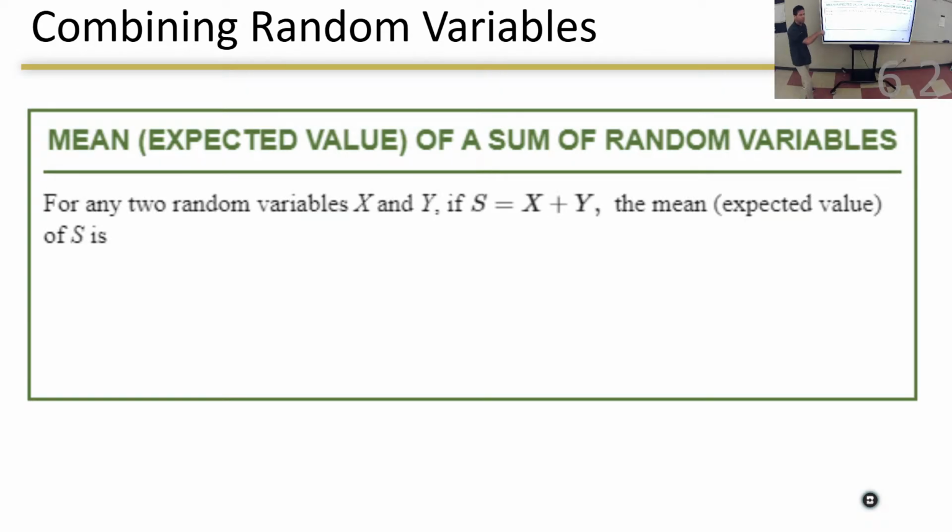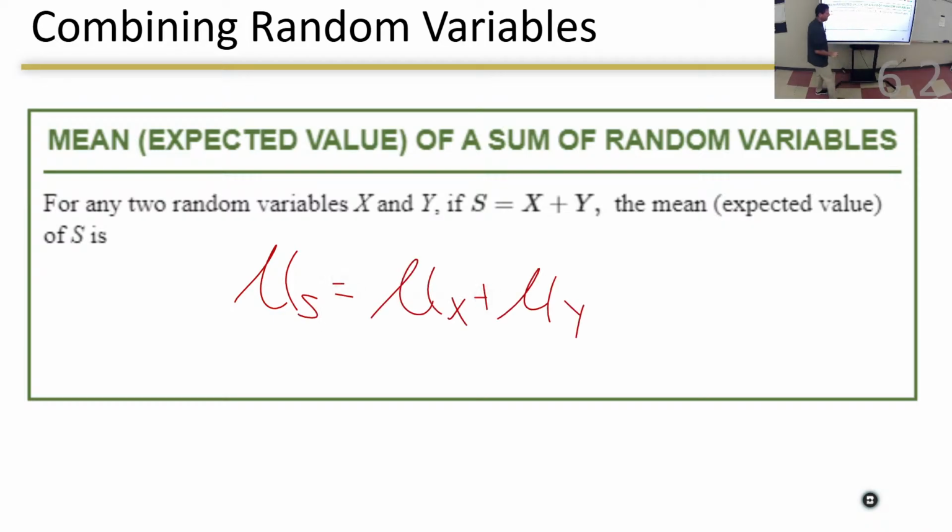So in order to do that, if I had two random variables, x and y, apples, oranges, the mean of the sum of x and y is the sum of the individual means. That looks a lot worse than it is, but the mean of the sum is equal to the average of the x plus the average of the y. Good enough? Whatever the average of the x is and whatever the average of the y is, if I want the sum of those two, I'm just going to take the sum of the two means.